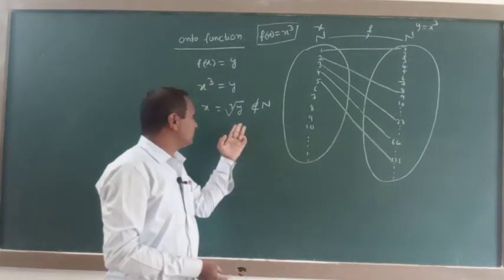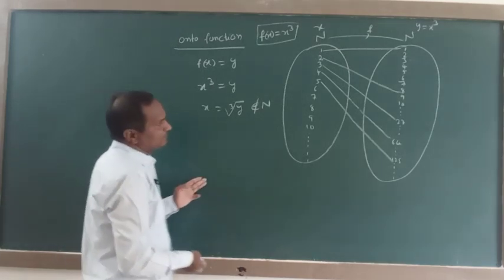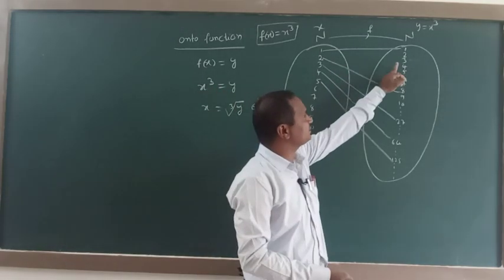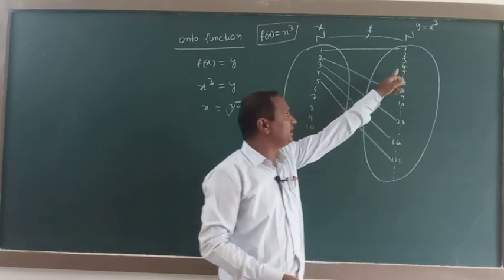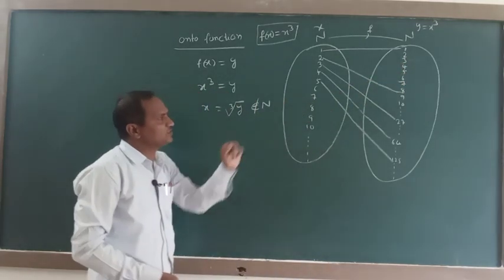Otherwise, you can write it in words also like this: mapping is not associated with any element. We can take an example; as my wish, I am taking y is equal to 3.